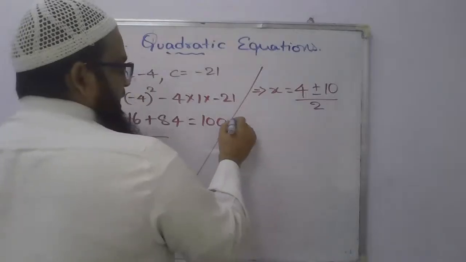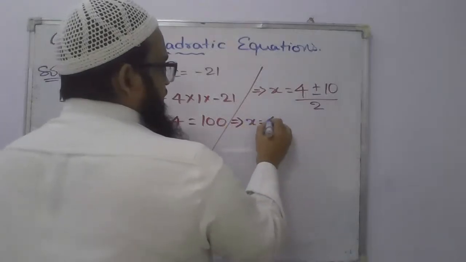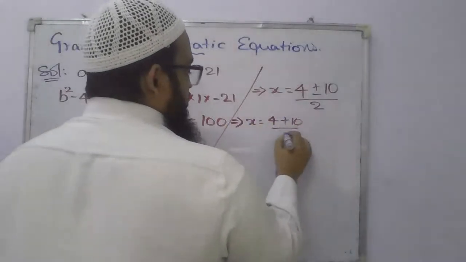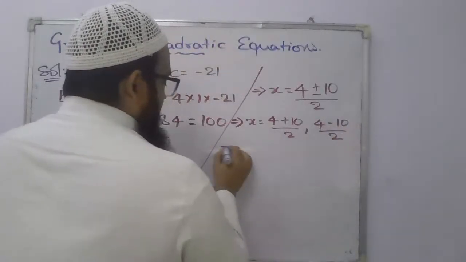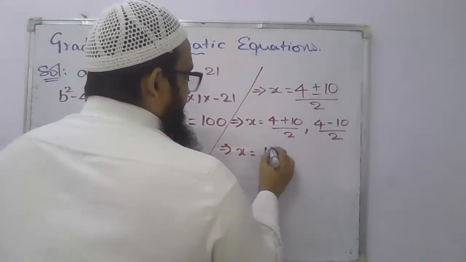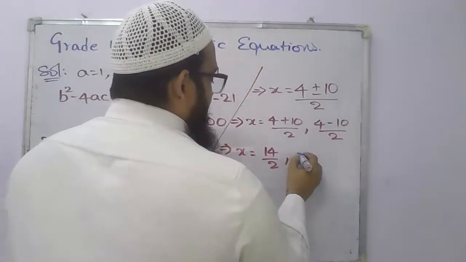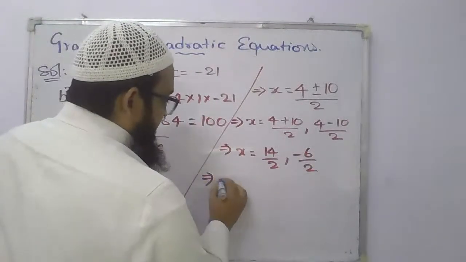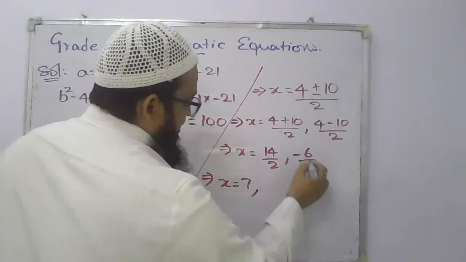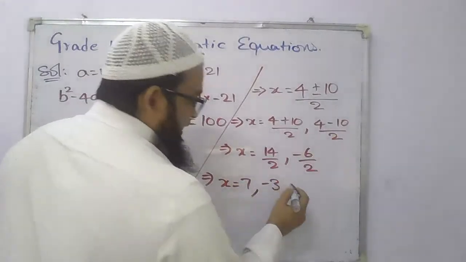So that implies x can be (4 plus 10)/2 and (4 minus 10)/2. So x can be 14 divided by 2, comma, minus 6 divided by 2. So x can be 7, comma, minus 6 by 2 is minus 3.